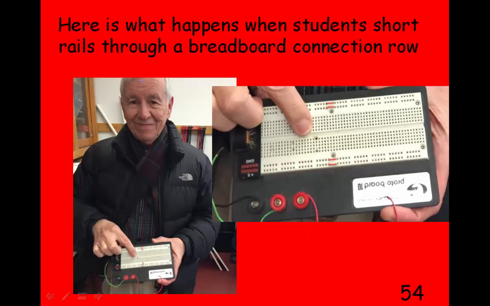Here is our fearless leader showing us what happened last year when students plugged a power rail. They connected the ground to one end using a black wire, and let's say they just connected the positive 5 right here.